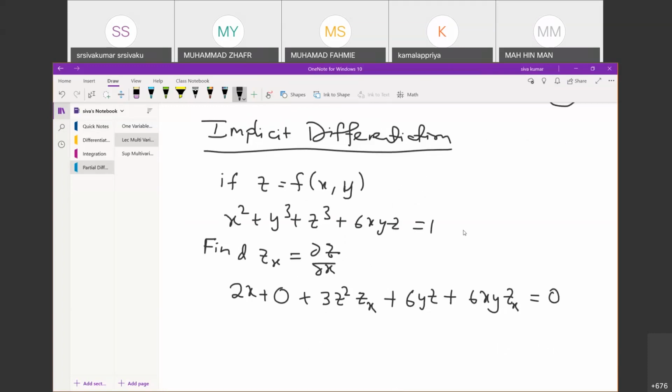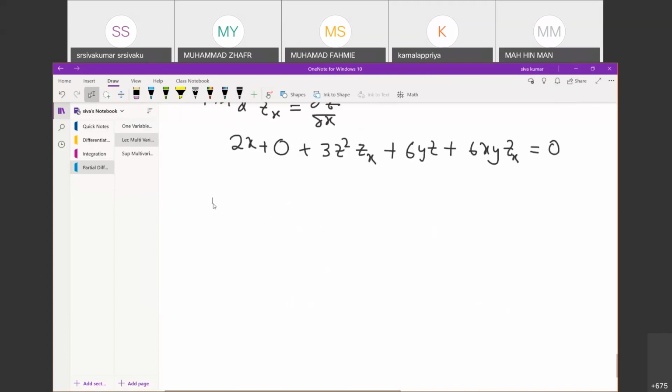So far I hope that you can follow the session. Now we're going to do a very important subtopic within partial differentiation. I call this subtopic limit.